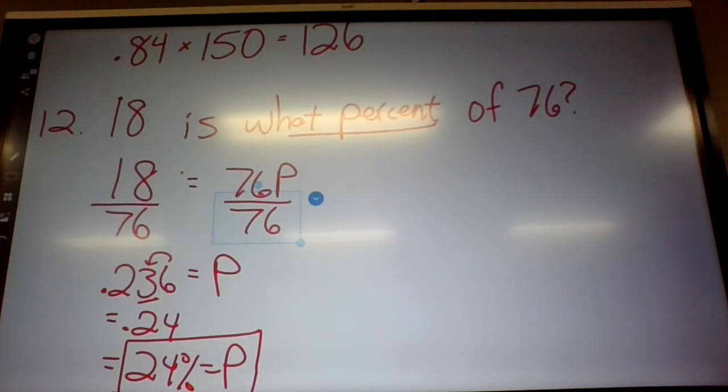So do we have to change it to a decimal before we do the 482, or do we leave it? Yeah, you change it to a decimal first. Okay. Oh, no, wait. When you go to solve it, you'll get a decimal, and you have to change the decimal to a percent. Okay.